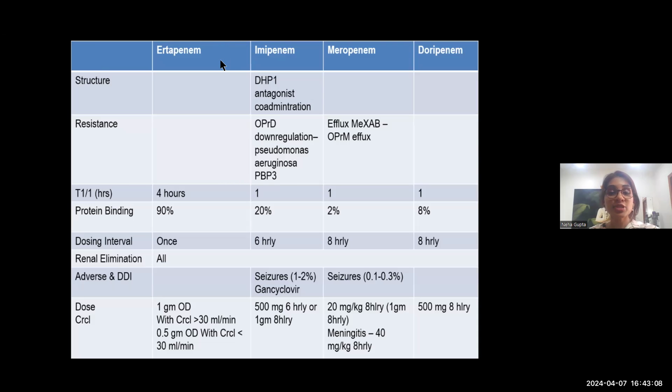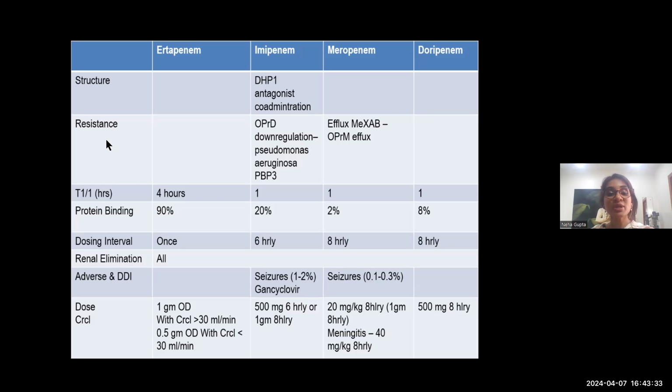This is a table which illustrates the comparison between the commonly used carbapenems in our country: imipenem, ertapenem, meropenem, and doripenem. As I mentioned, besides the differences in structure, there is DHP-1 for imipenem, which requires co-administration with cilastatin.